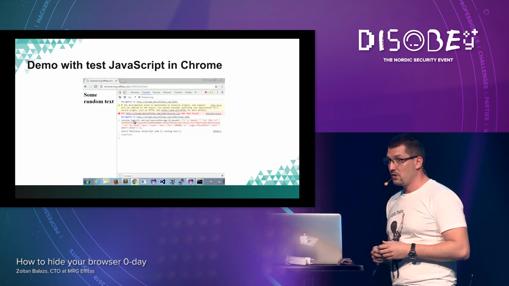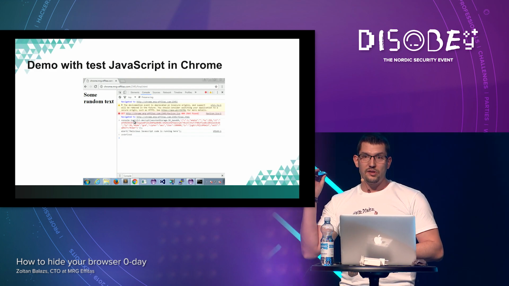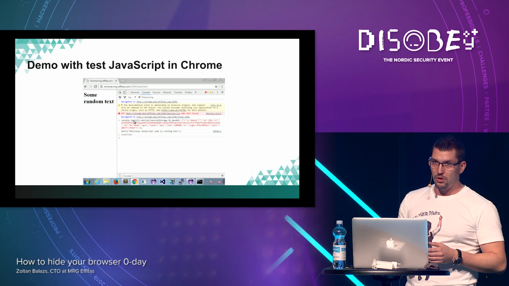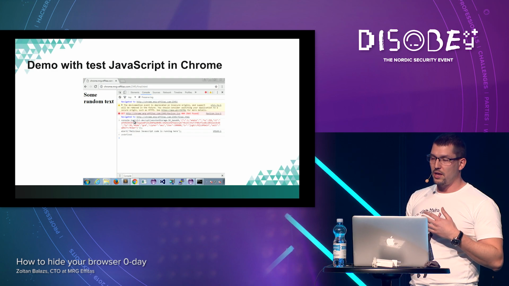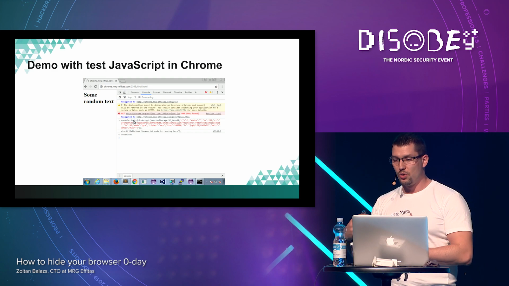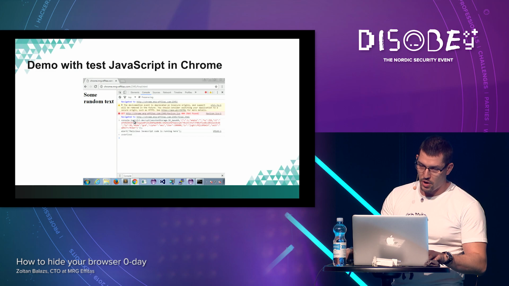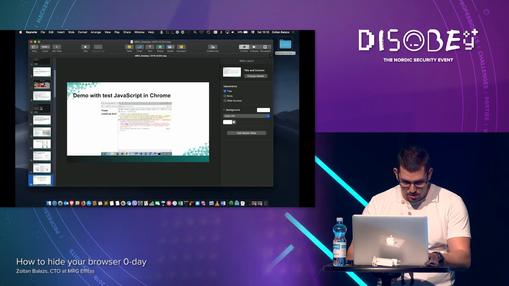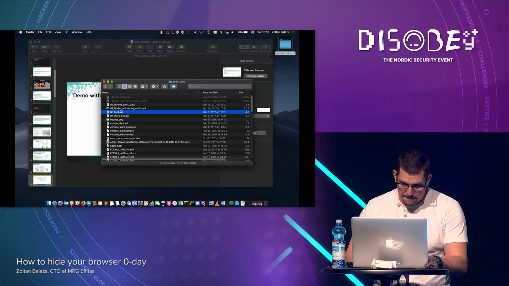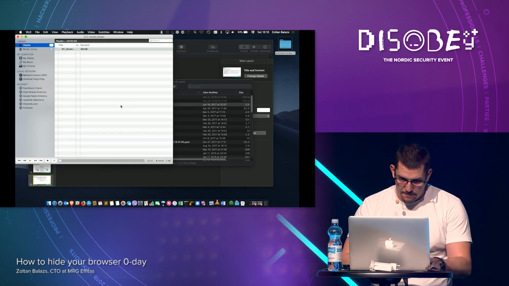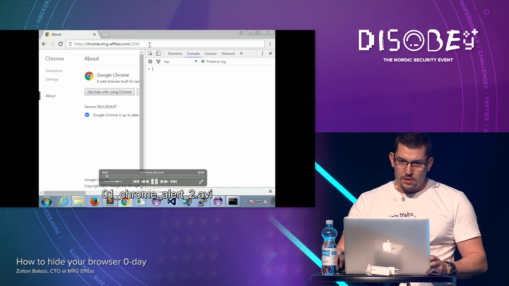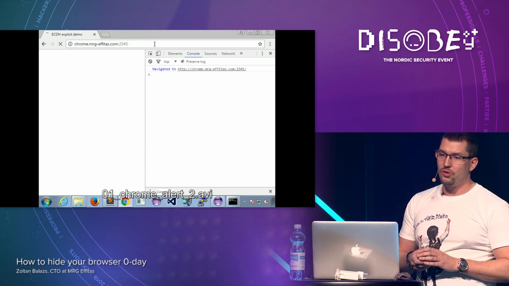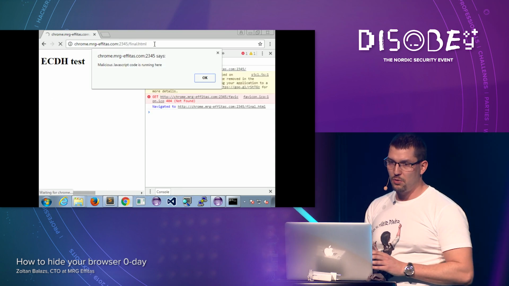But let's see this in action. In this example, I won't use any exploit code. Now you can see how it really looks on the wire and in memory, what I'm doing. So here is Chrome. I'm opening the exploit server.